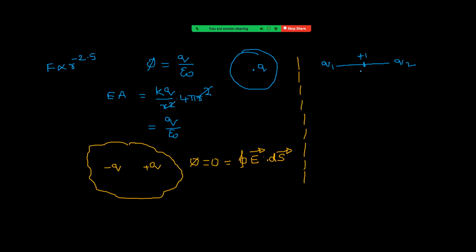So here net field 0 means this charge has to be repelled, right? Q1 repels if Q1 is positive. If Q2 also positive, it repels, right? Then only net value can be zero. Otherwise, both can be negative. So both are attractive. Then also net value can be zero. That means definitely those two charges must have same sign. Okay. That means option C is correct one.